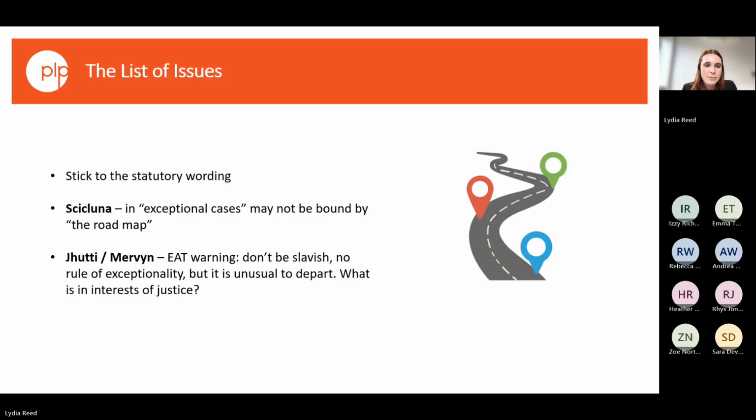Looking then to the list of issues, as with any claim, I recommend sticking to the statutory wording. No doubt you'll all be familiar that the list of issues is a roadmap for the final hearing, and it's rare for it to be departed from. So that really means you need to make it count and make it benefit you where possible.